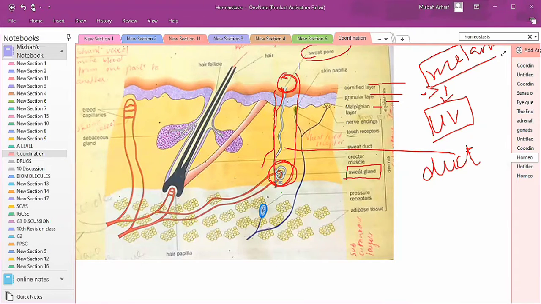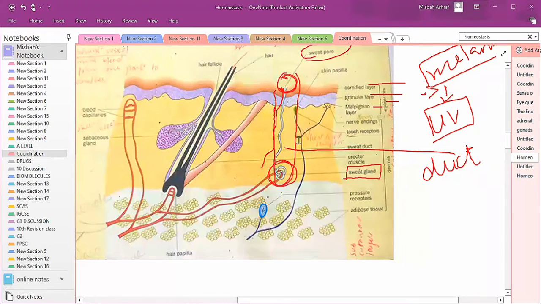They move from high concentration to low concentration, from blood capillaries into the sweat gland, and then through the duct out of the body. They move by the process of diffusion and osmosis.